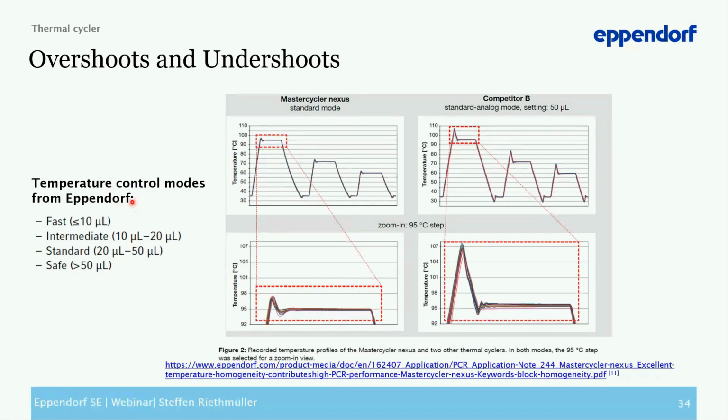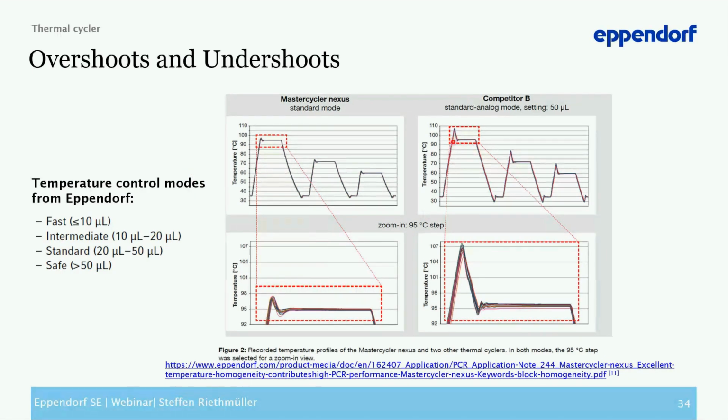And there are other thermal cyclers where you can just put in the sample volume, and it's very important to have a tool so that the device adjusts the overshoots and undershoots, because if you don't have such a tool, this could also lead to not optimal amplification.